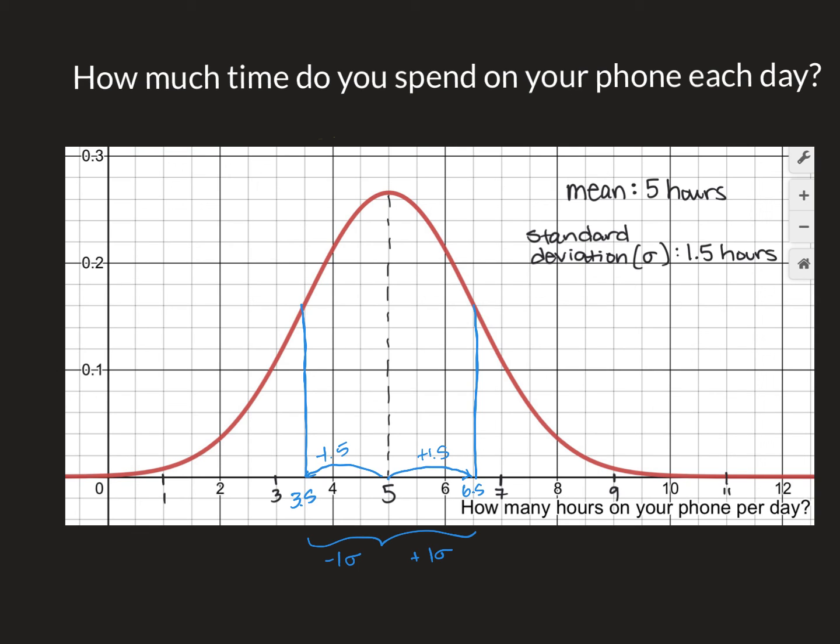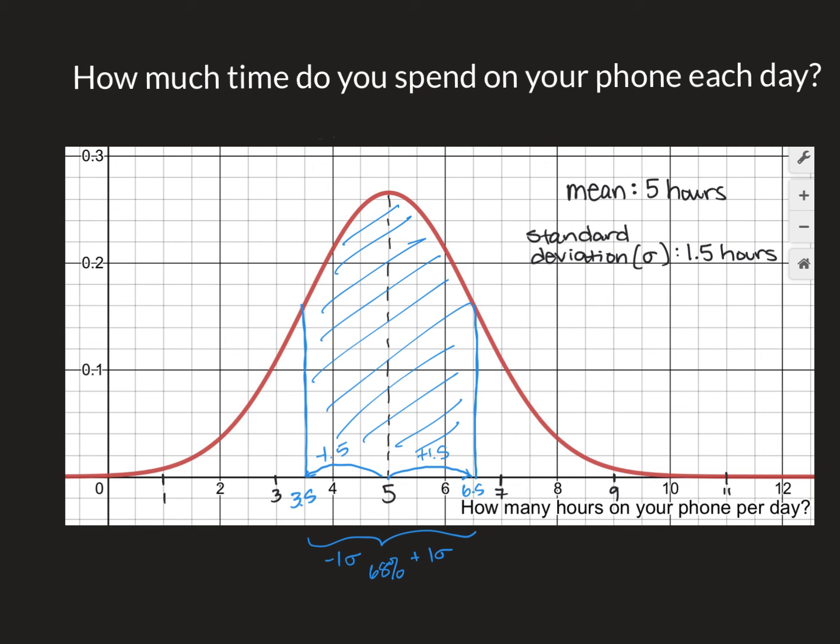And if you remember that number there, what we're saying is that in this section right here, we have 68% of all of the data. So 68% of people use their phone for between 3.5 and 6.5 hours a day. And in this case, we are talking about teenagers.